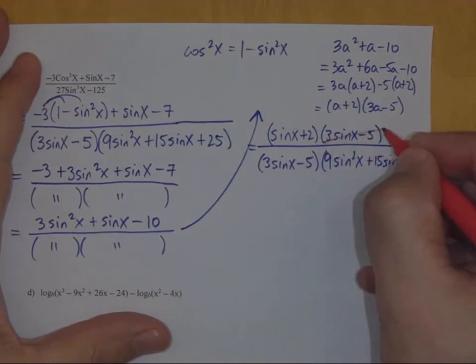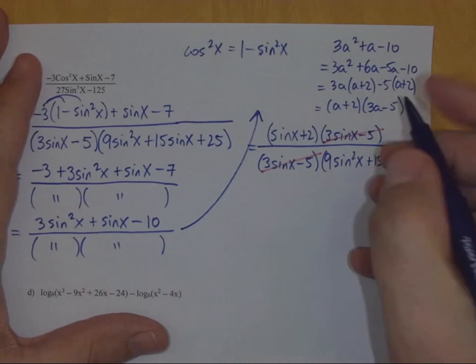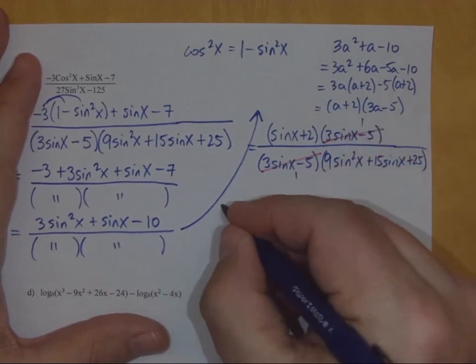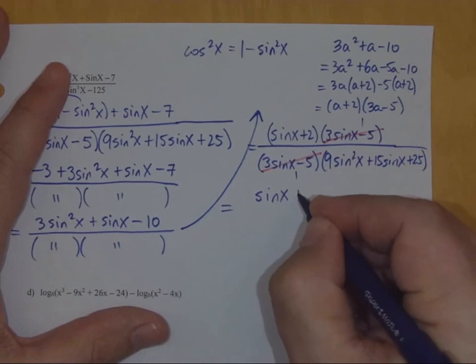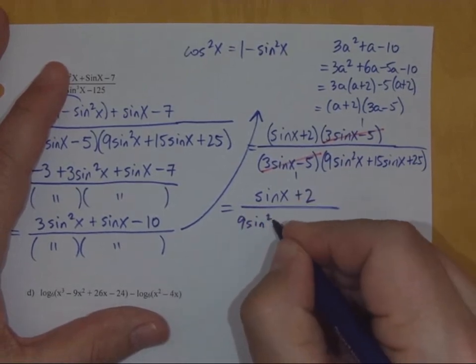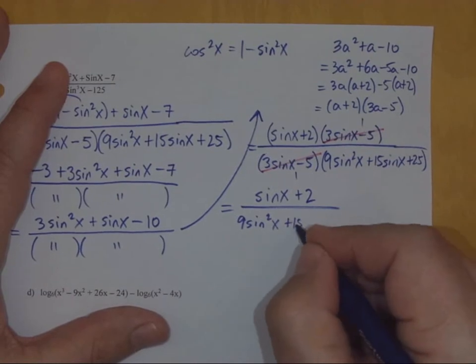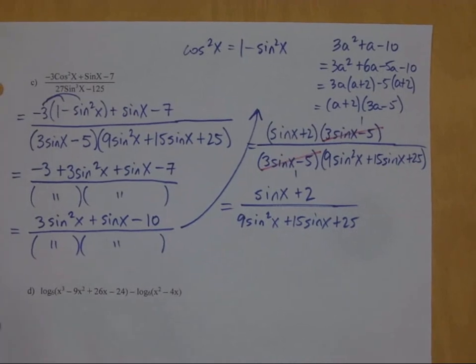And yes, there is. 3 sine x minus 5 appears on the top and bottom. We can reduce those to 1 over 1 and get our final answer here of sine x plus 2 all divided by 9 sine squared x plus 15 sine x plus 25. And we're done.